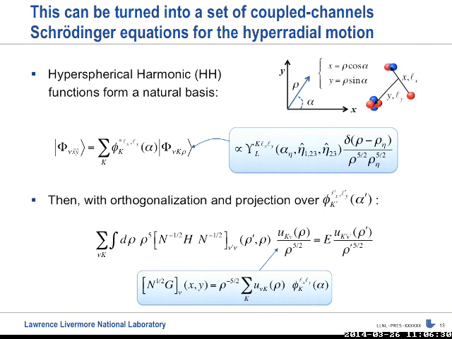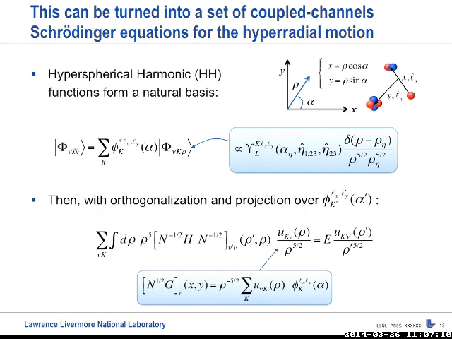Once we do this change of basis and we orthogonalize the equations by multiplying on the left and on the right by the inverse square root of the norm, and then project on the complete basis formed by the eigenstates for the hyperangle, we end up with a non-local hyperradial equation for these hyperradial amplitudes, which appear in the hyperspherical expansion of the relative motion.